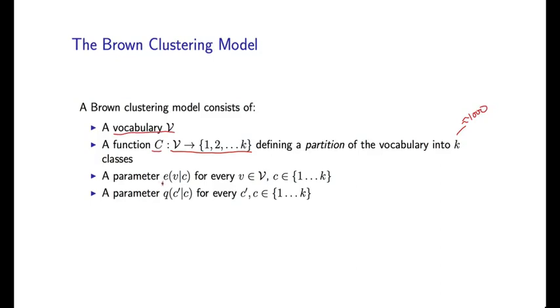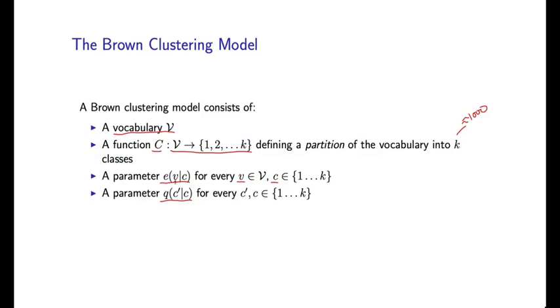We have a parameter E of V given C for every V paired with every C. And then we have a parameter Q of C prime given C for every pair of clusters C prime and C. This intuitively is the probability of the next cluster being C prime, given that the previous cluster is C. And this is a parameter saying what's the probability of emitting the word V, given that I have a cluster C as the current cluster.